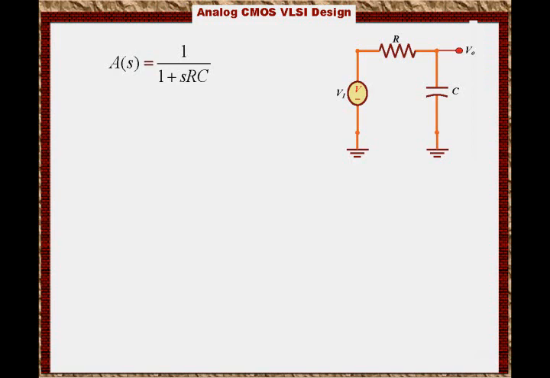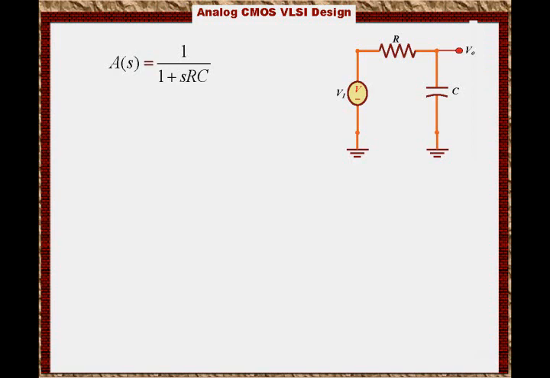Basically, the S domain is the general case that is used to solve the circuit using differential equations. The S domain is the easiest way to do it, while the phasor domain or the frequency domain is applied to a pure sinusoidal signal. So you can move from a general case, which is the S domain, to a pure sinusoidal signal, basically by replacing S equals j omega. That's all we did.